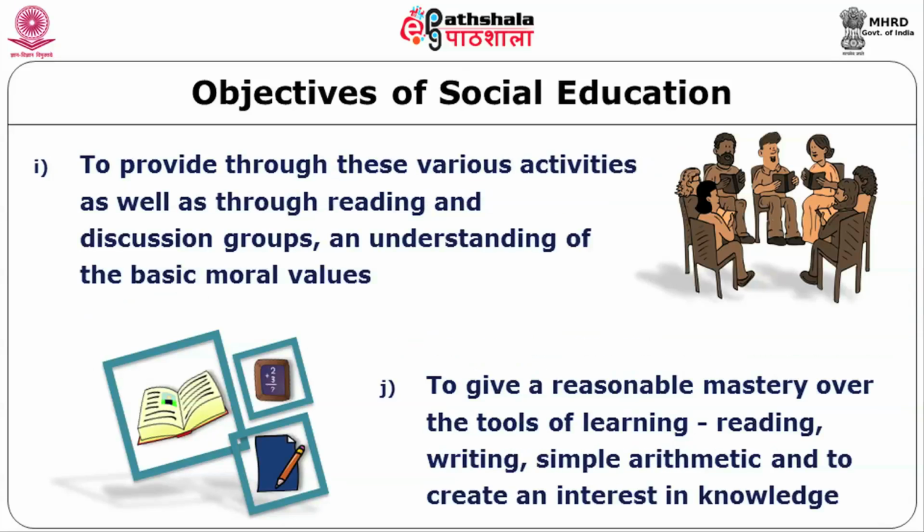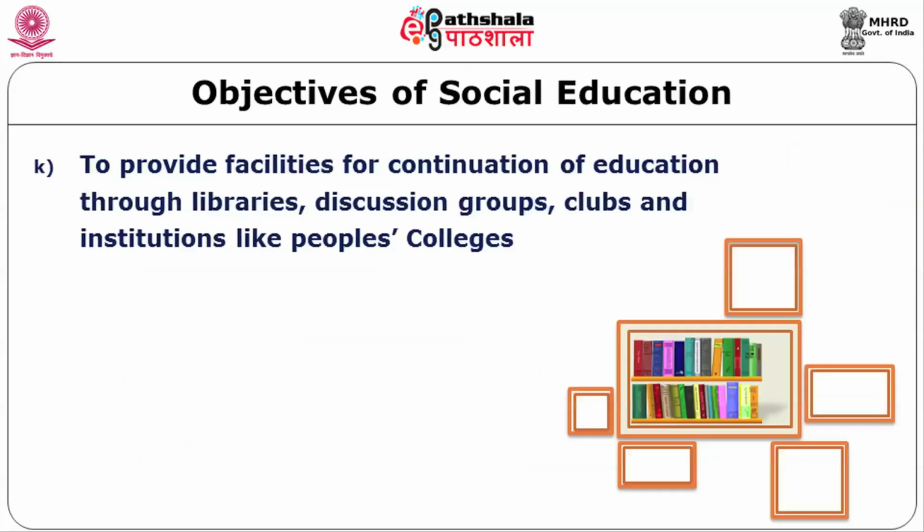I. To provide through these various activities as well as through reading and discussion groups an understanding of basic moral values. J. To give a reasonable mastery over the tools of learning, reading, writing, simple arithmetic, and to create an interest in knowledge. And K. To provide facilities for continuation of education through libraries, discussion groups, clubs, and institutions like people's colleges.